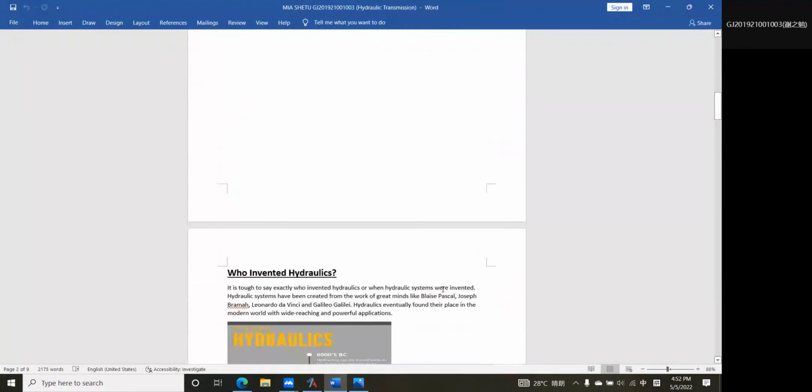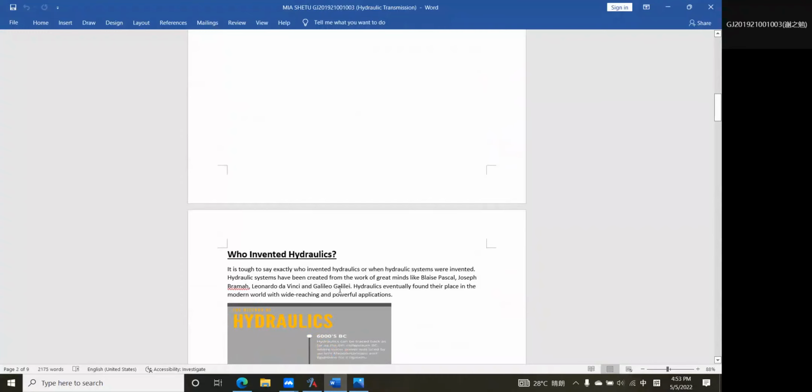Who invented hydraulics? It is hard to say exactly who invented hydraulics or when hydraulic systems were invented. Hydraulic systems have been created from the work of great minds like Bellasi, Pascal, Joseph Bramah, Leonardo da Vinci, and Galileo Galilei.